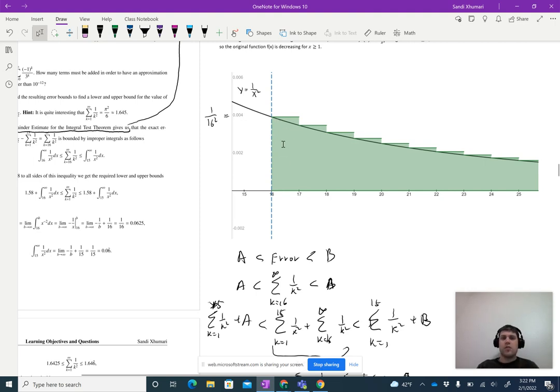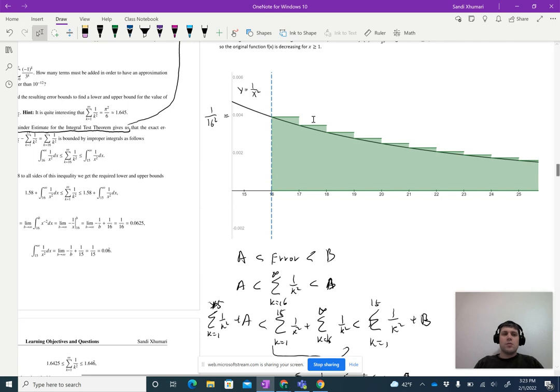So the area of the first rectangle is the first term of that error series, and then we plug in 17, and the second rectangle's area will be the second term in that sum, and so on. So we can visualize the total error as the full green area going all the way to infinity here.